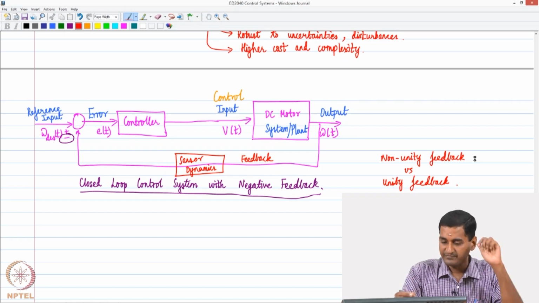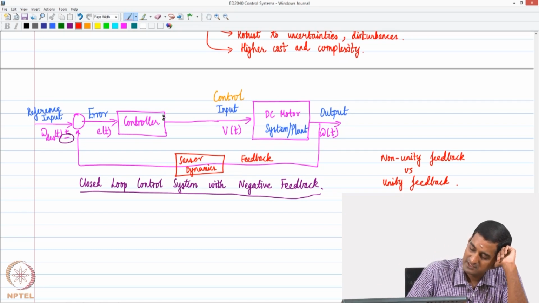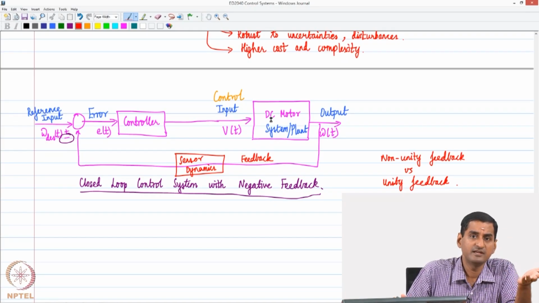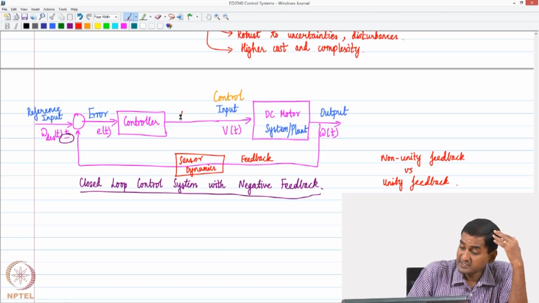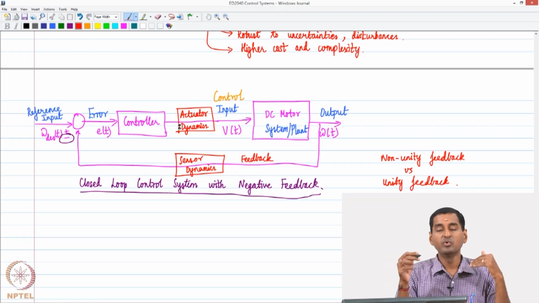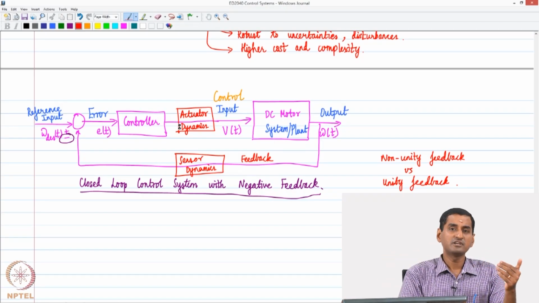And many times when the controller calculates and provides a control signal to the system, it is typically realized by what is called an actuator. See for example, let us say I have to design a motion control system that essentially displaces a workpiece along one axis, right.